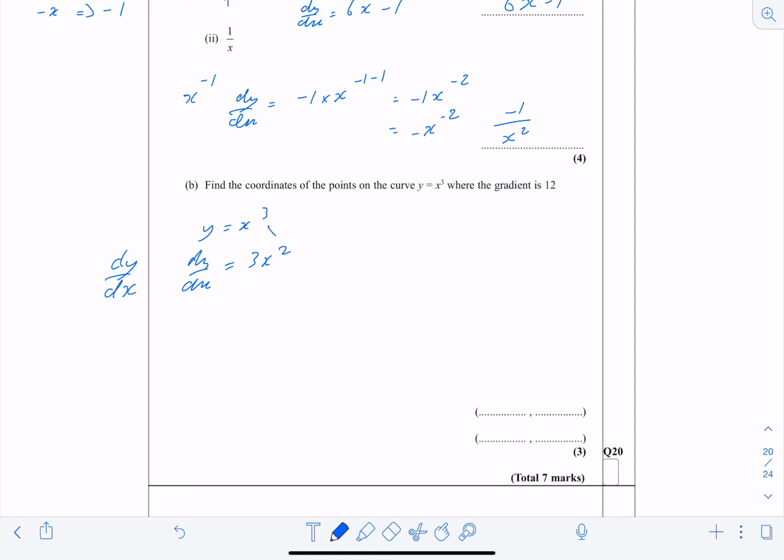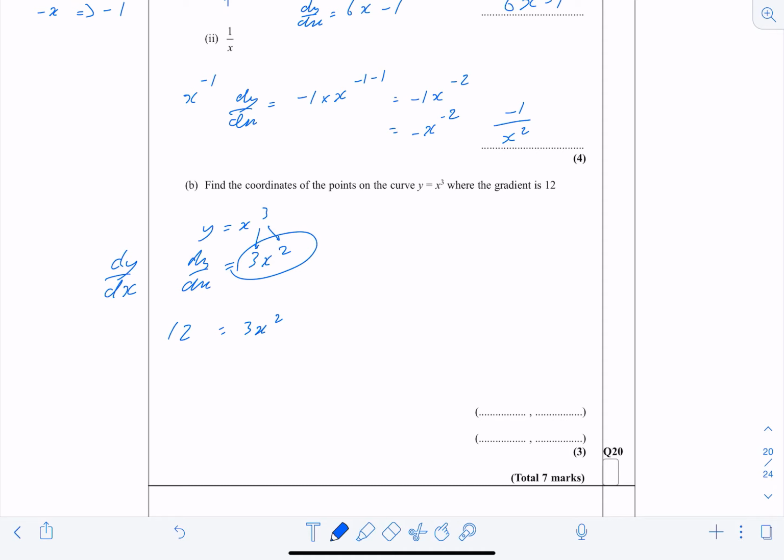Use the same thing, that goes down by 1, and we multiply it by the original index. And I know that this here tells me what the gradient of the curve is at any point. So I know that the gradient dy by dx is 12, and that equals 3x squared.